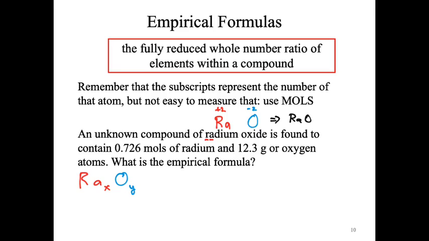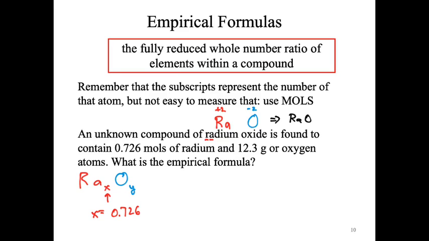Okay, so let's go to the question. The question says that we have 0.726 moles of radium. What was the X supposed to be? Moles of what? Radium. So right there, what do we know? X is 0.726.